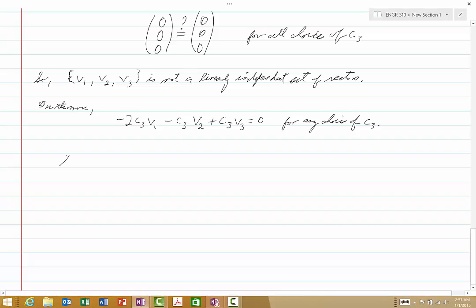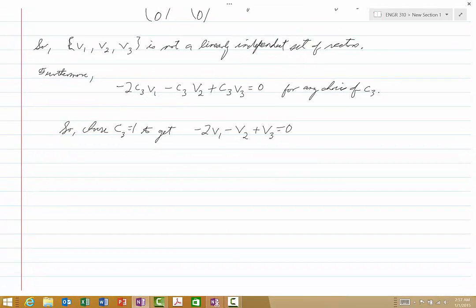So choose C3 equals 1 to get minus 2V1 minus V2 plus V3 is equal to 0. And notice what this implies.